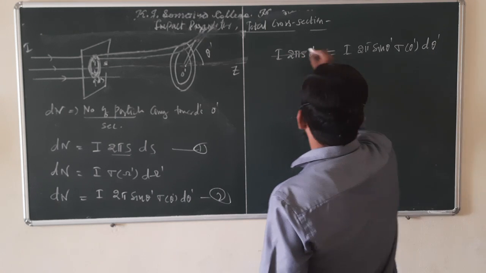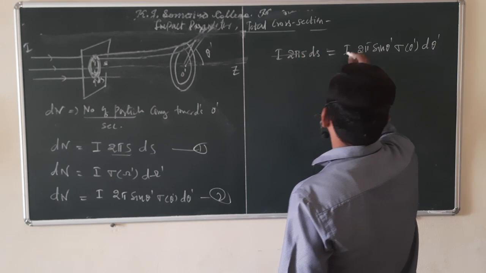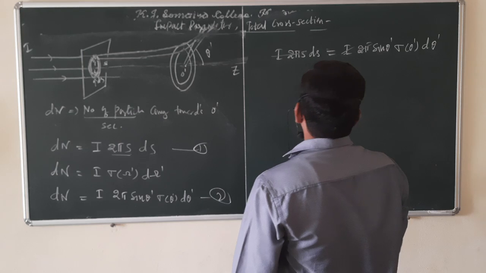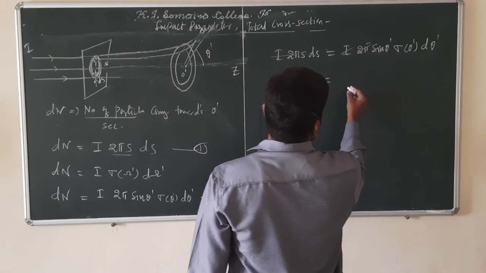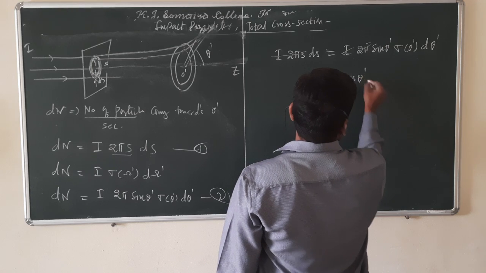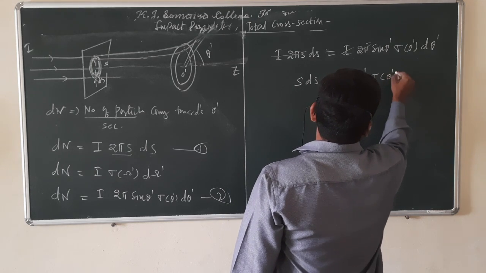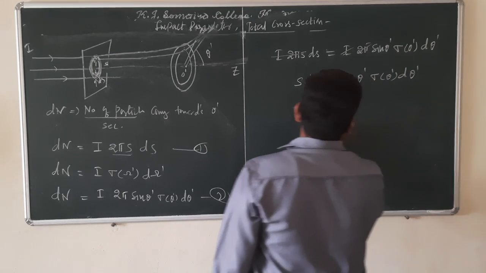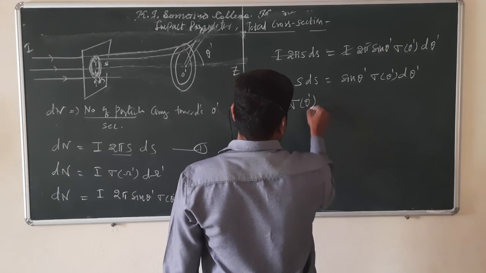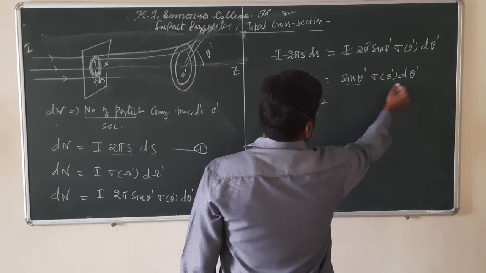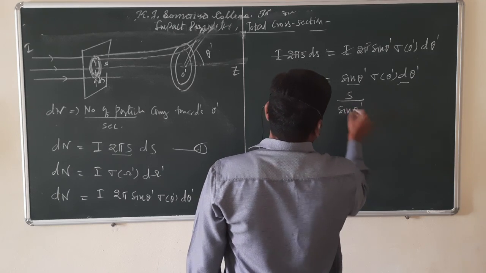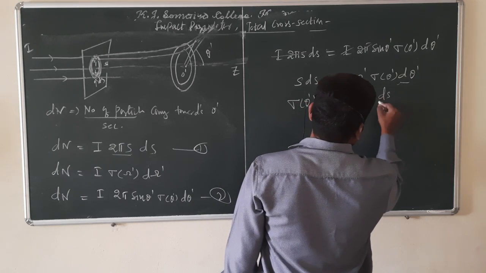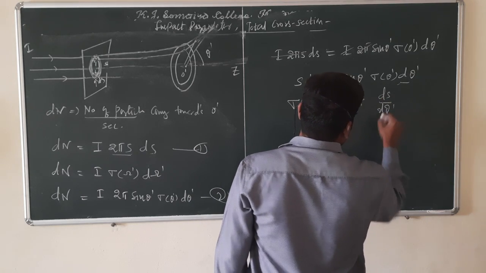The I into 2 pi will cancel, and you get s ds equal to sine theta dash sigma theta dash d theta dash, or sigma theta dash is equal to s divided by sine theta dash times ds divided by d theta dash.